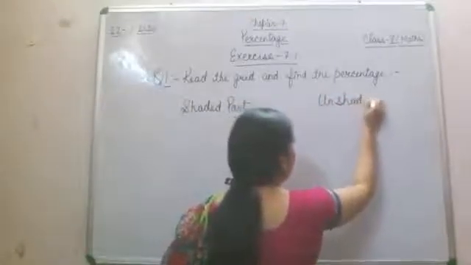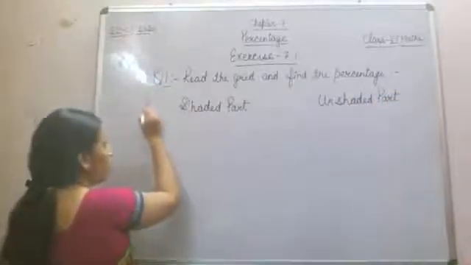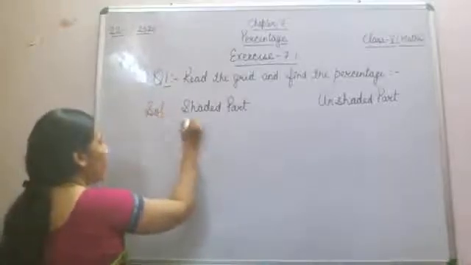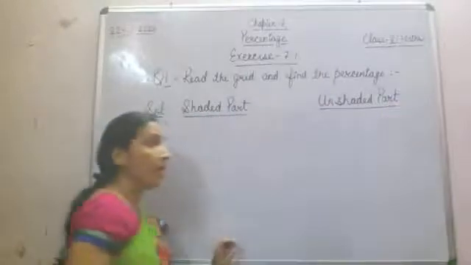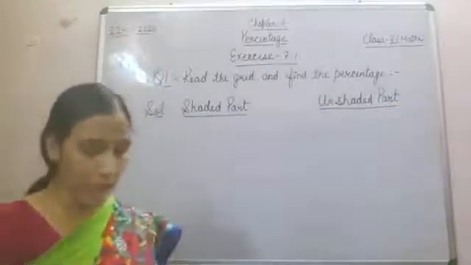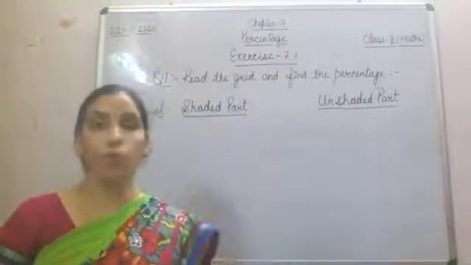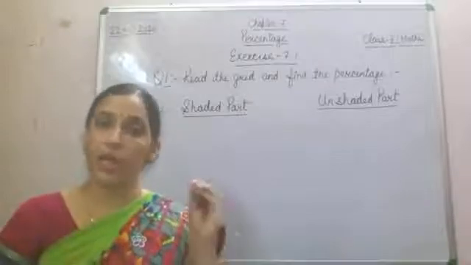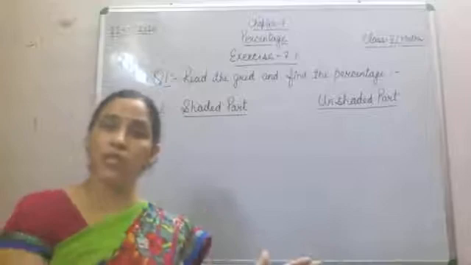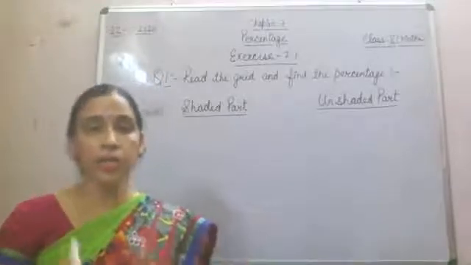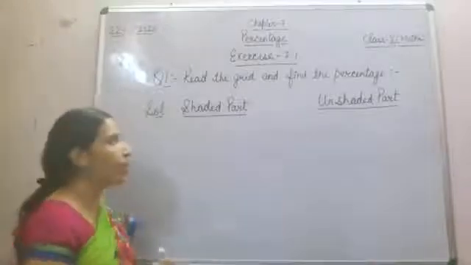See, just now I told you that if anyone asks how many marks you got in your final exam, you say I got 86%. 86% means out of 100 you got 86 marks. In that way only we will find the shaded part and the unshaded part. Now here in this grid you have been given a grid of 100 boxes.